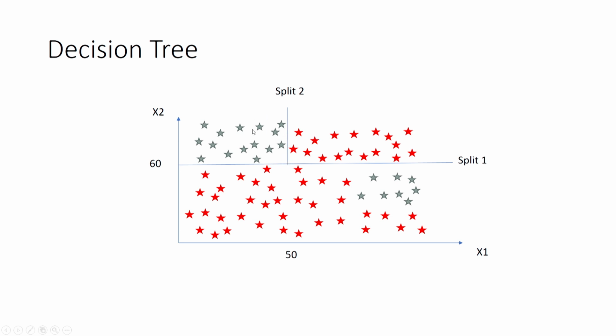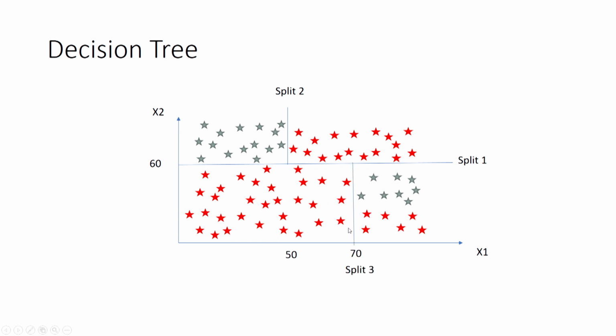When we split it, you can say that in this subset there are only instances that correspond to green class. Here we have only instances that belong to the red class, but this subset has a mix of instances that are green as well as red.